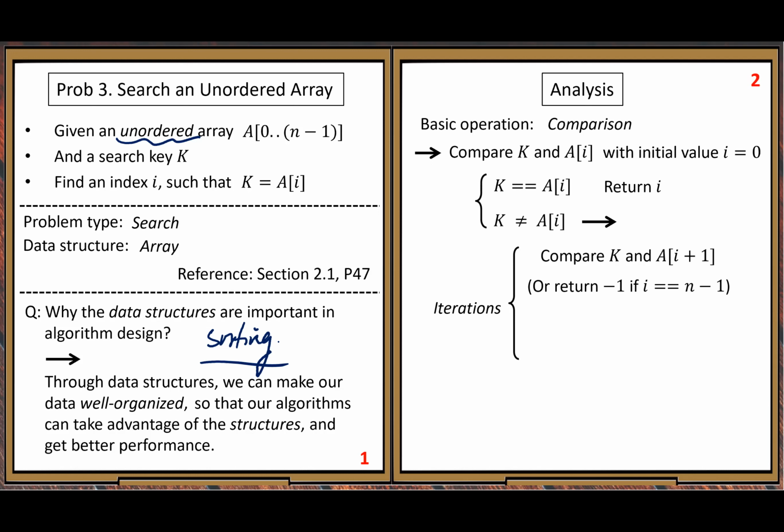So your function returns the value -1, because it's not a valid index number. A valid index number cannot be negative. So you use -1 to tell the programmer or user there is no match. So using this simple logic, you complete the whole solution. That is the whole solution.